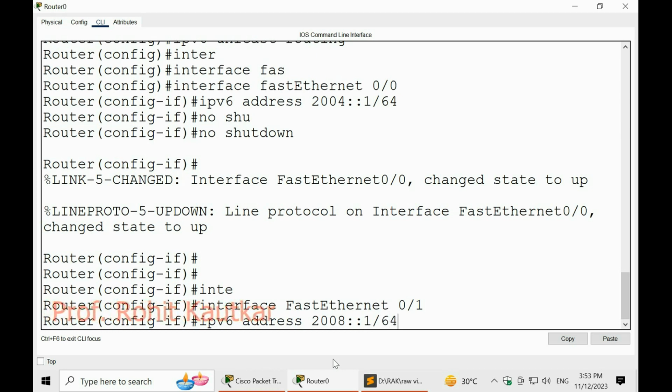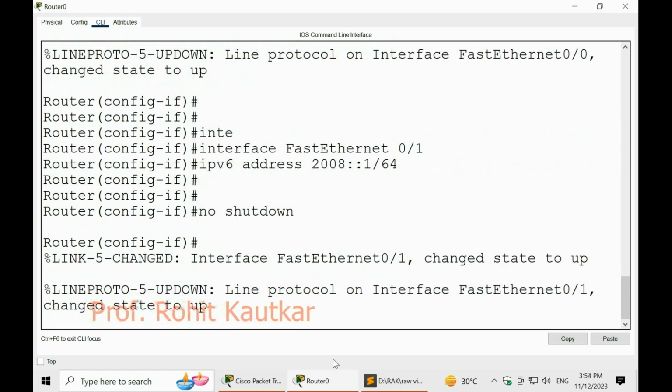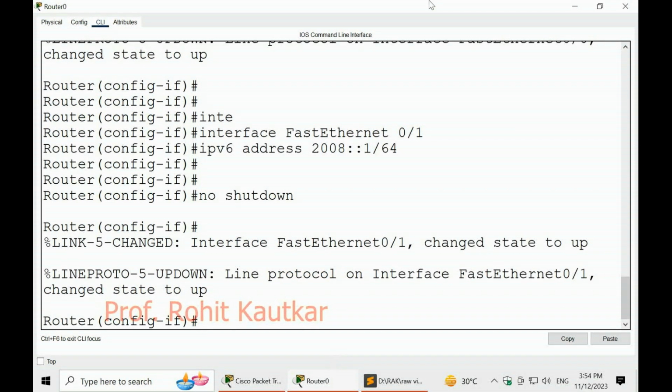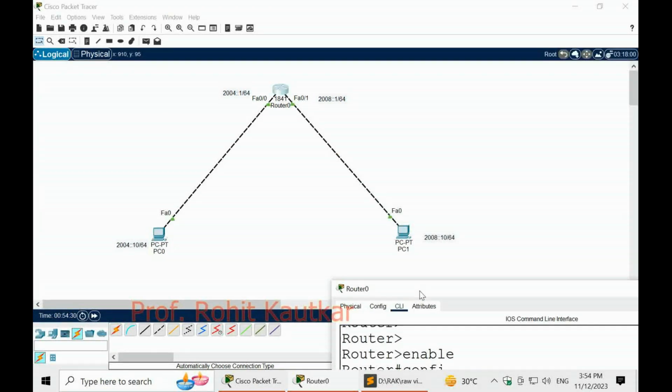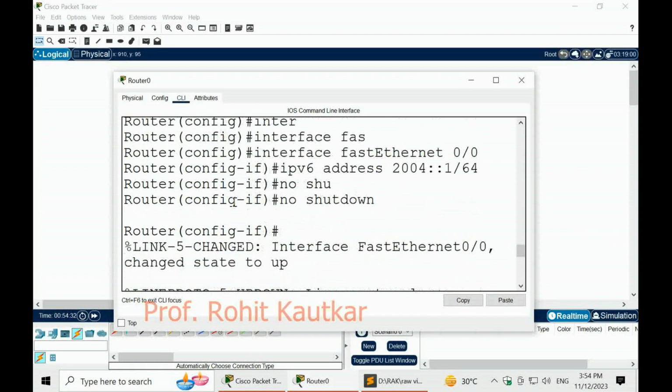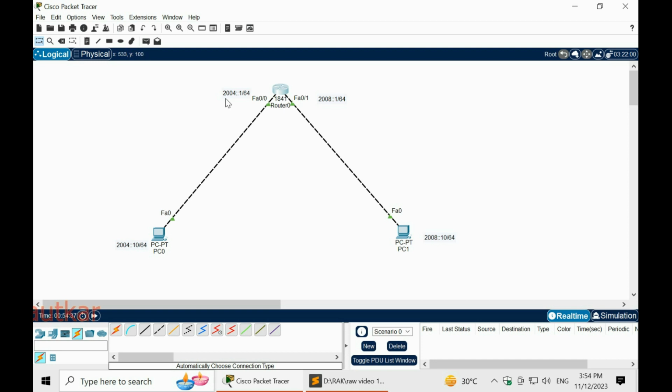Hit enter, and now you type no shutdown. Hit enter. You can see now link got up. Both of the links are up now. You can observe this is what we have in the router configuration, friends. So now I will close this because both of the interfaces we have configured.